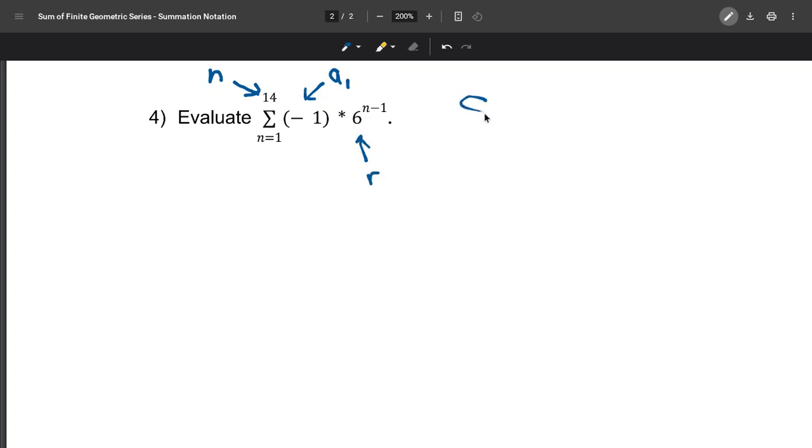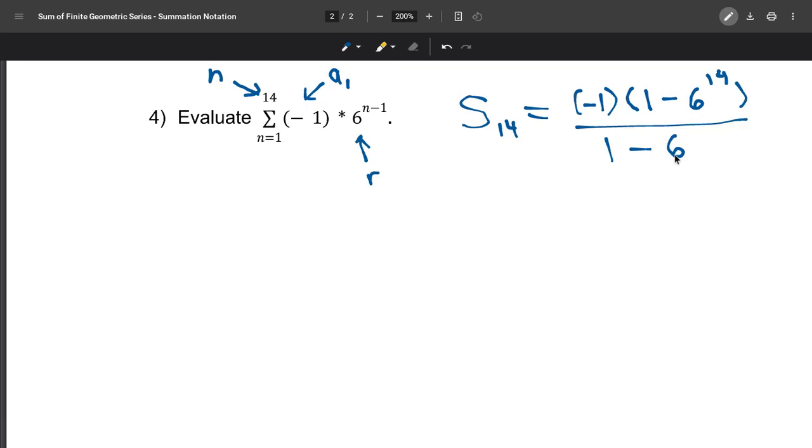So the sum of the 14 terms equals the first term, negative 1, times 1 minus 6 to the 14th power, all divided by 1 minus 6.